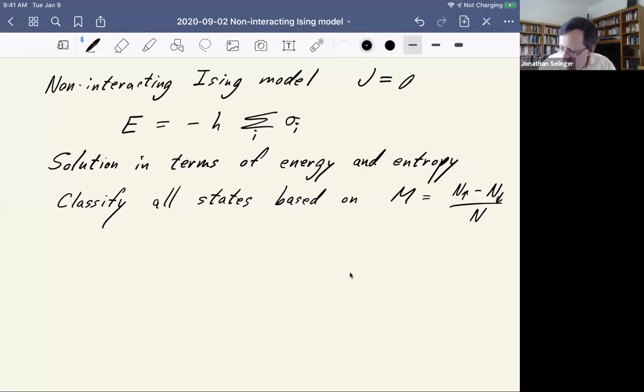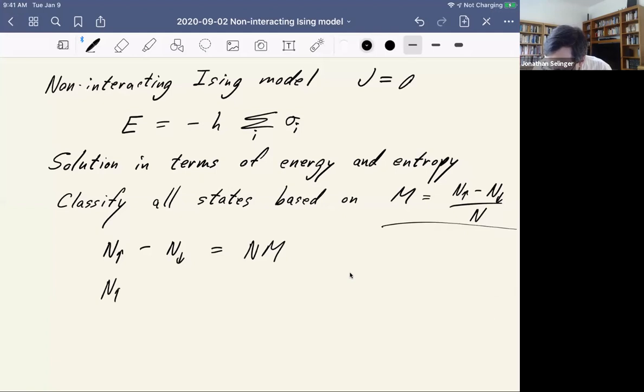Well, from the equation that I just wrote here, we know that n up minus n down is equal to N, the total number, times m. Okay, and we also know that n up plus n down is the total number of spins in the whole lattice.